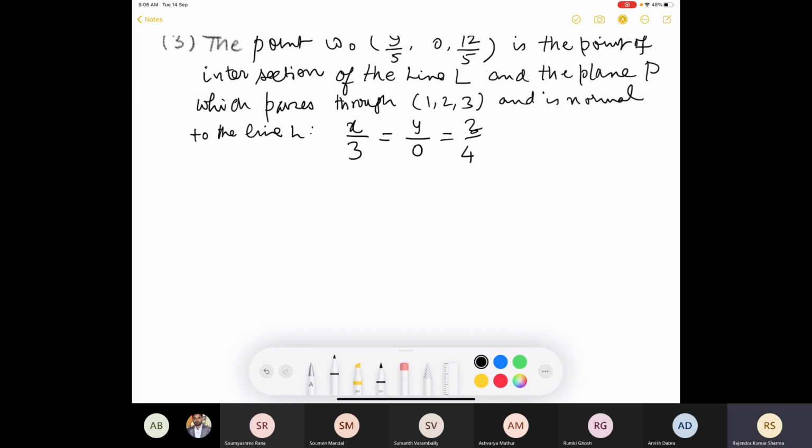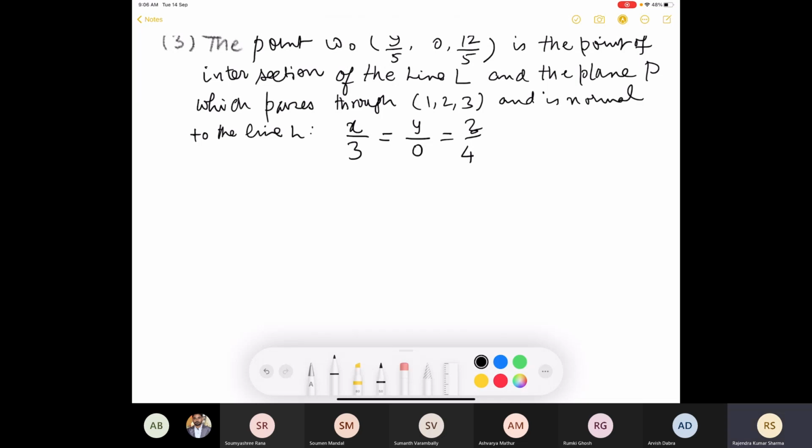So passing through origin and the point 3, 0, 4. Now, the line that passes through this 3, 0, 4 and origin, this is L. And this point W naught falls on this line, that you can verify. And the point 1, 2, 3 also falls on this line.